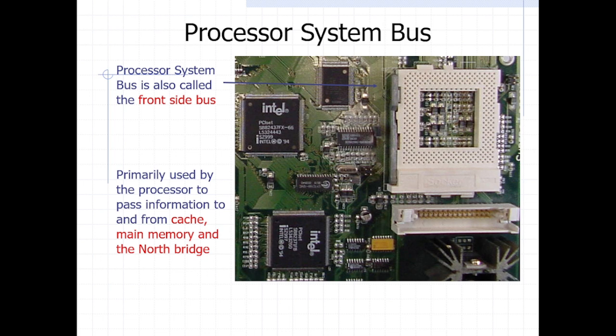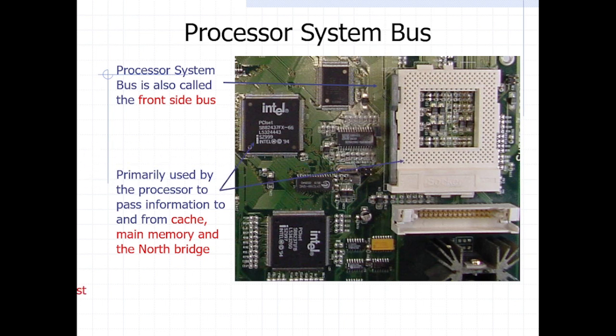Within the processor there are closer components such as the main memory and the cache memory. These are types of computer memories that allow the processing of instructions. Cache memory stores frequently accessed instructions, whereas main memory is a bit far from the main processor. So this brings on board the need to have a processor system bus.